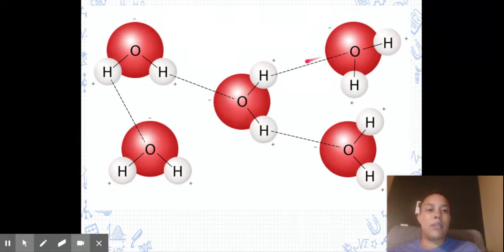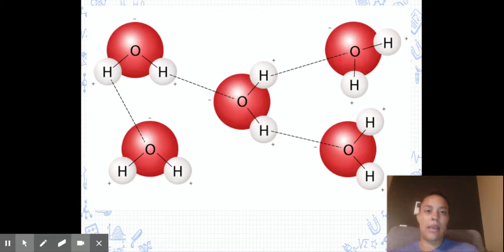And that all has to deal with these lovely bonds right here that we talked about before, which are our hydrogen bonds. And those are relatively weak, which is why we see them with the dashes. But these hydrogen bonds are going to link up the neighboring water molecules with each other. So we can see the negative end of this one is connected to the positive end of this one over here, right?